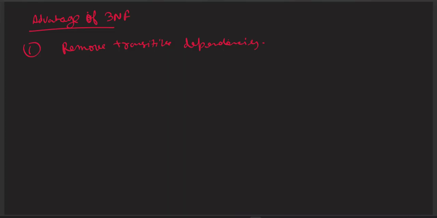It means it eliminates the indirect relationships between two non-key attributes and ensures every non-key attribute depends directly on the primary key. Okay.